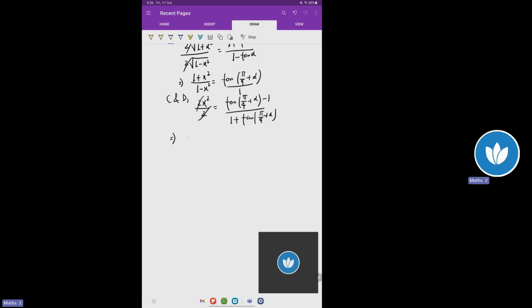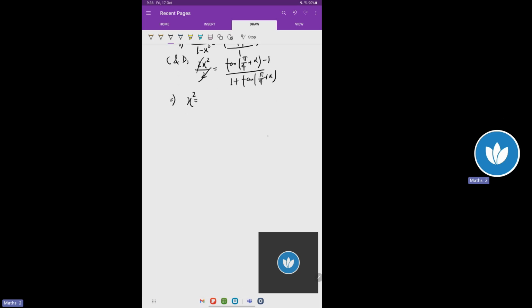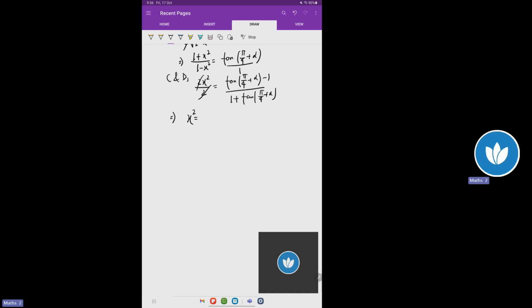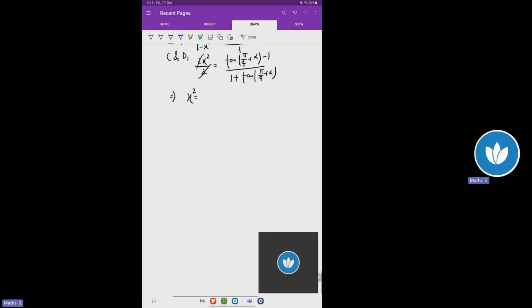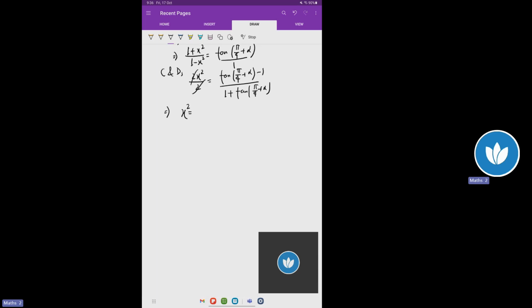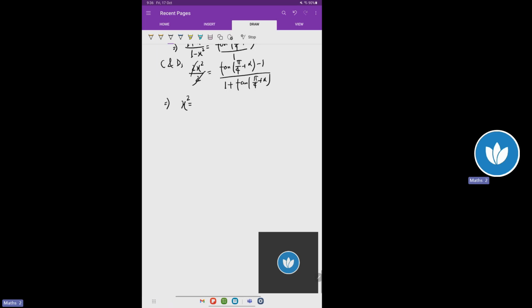So x square is equal to, if we rewrite this, we can write this one. This is tan a minus tan b upon 1 plus tan a into tan b. Here we can replace 1 with tan pi by 4.